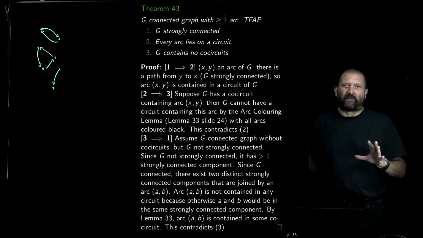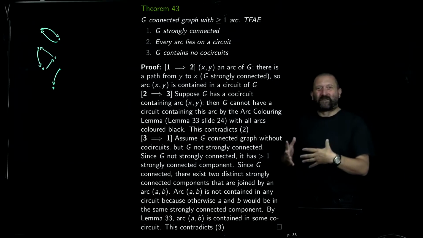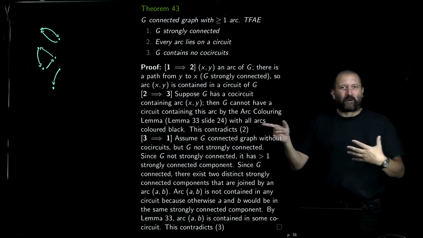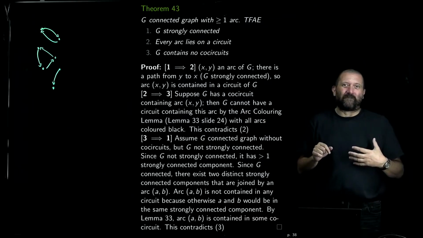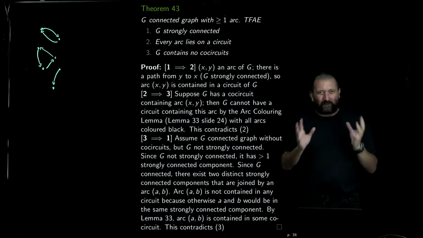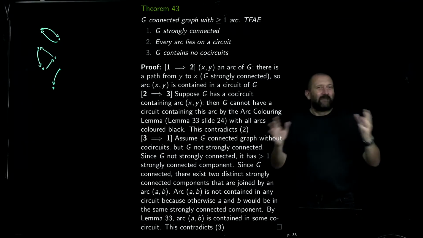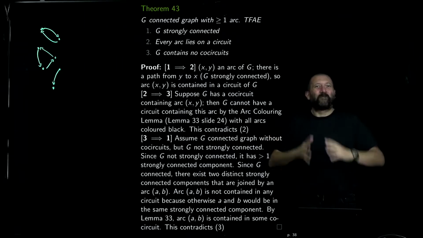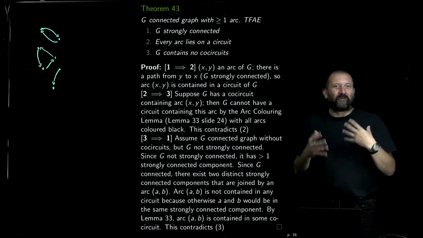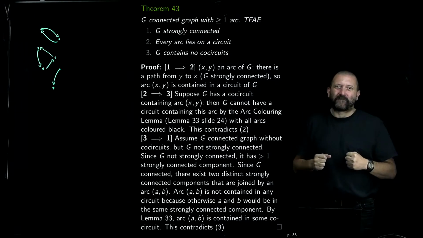I'm not going to spend a long time on it, but I am showing it to you because it involves that coloring lemma that we saw earlier. It's an interesting thing. If you want to try to wrap your head around it, please do. It's not super important, but it gives you an idea of the type of proofs that happen in this context.